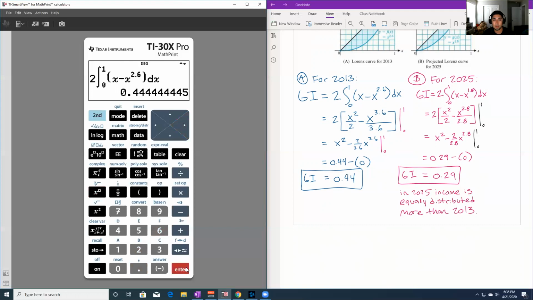Enter. 0.44. Genius, right? And then again, 2 second integral 0 to 1 for 2025. So you get x minus x to the 1.8, 0.29. So we are good.